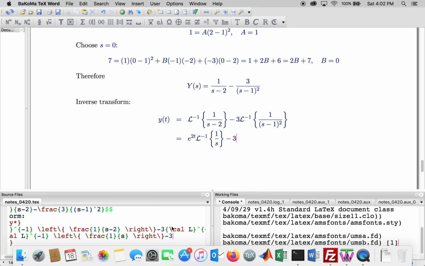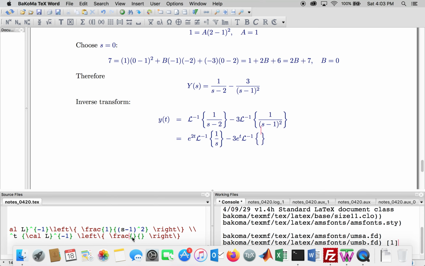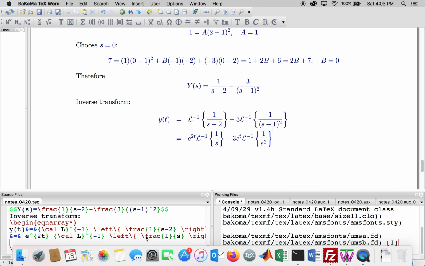Okay, so we have minus 3 times, and here we have a shift of 1, so that's going to introduce the e to the t times the inverse transform of the unshifted function, which is 1 over s squared. These are things that you have to have off the top of your head.